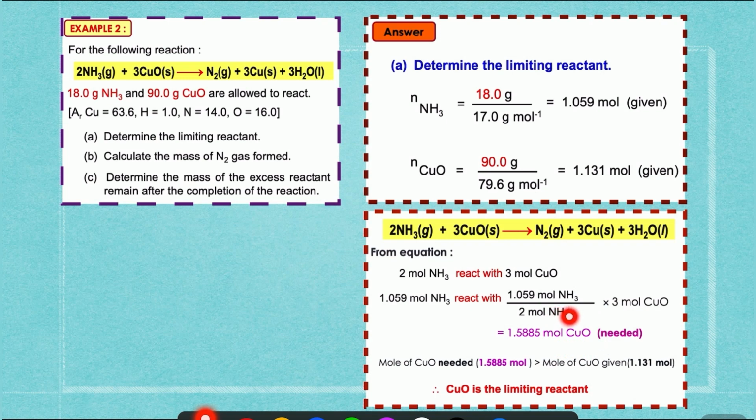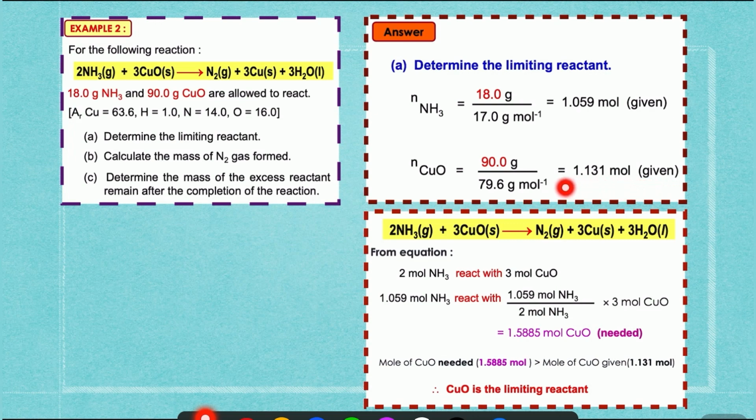So when you calculate this value, 1.059 mole ammonia times 3 moles of copper oxide, divided by 2 moles of ammonia, the mole of copper oxide needed is 1.5885. So this is the needed copper oxide, but the given copper oxide is 1.131 mole.